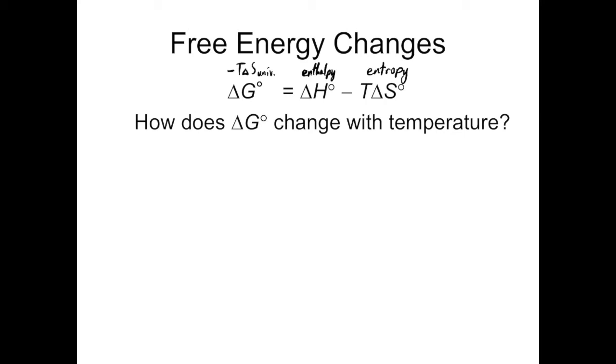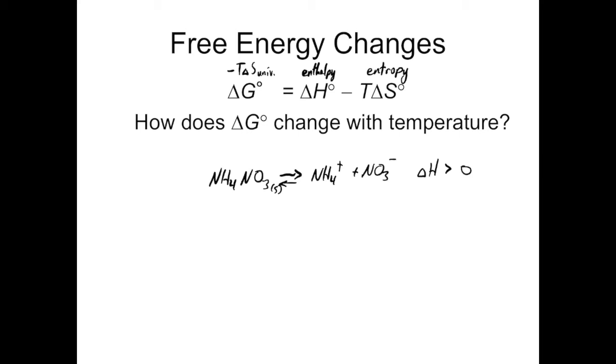So let's consider an example. If you look at the dissolution process for ammonium nitrate, it splits up into ammonium ions and nitrate ions, and this reaction is endothermic. So if you dissolve a bunch of ammonium nitrate in water, the ammonium nitrate splitting up into its ions is going to absorb heat from the water, and the water will actually cool down.